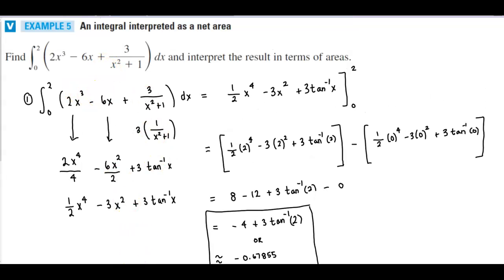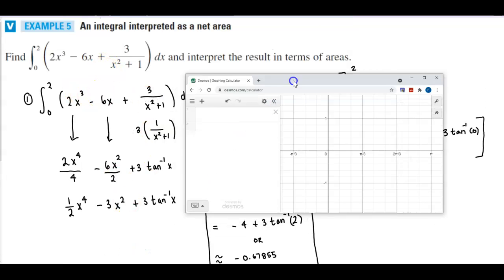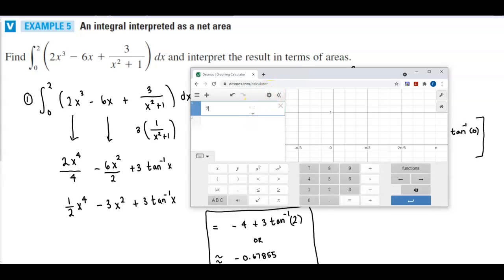Okay, so let's take a look at what this graph would look like on Desmos. So we have 2x cubed minus 6x and then plus 3 divided by x squared plus 1.